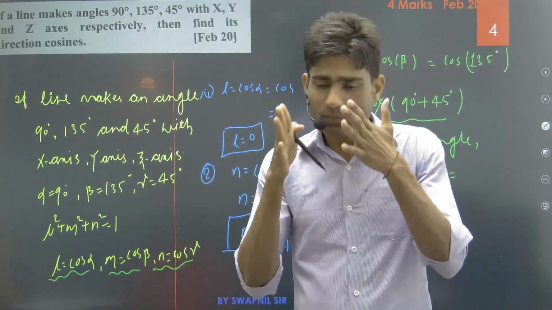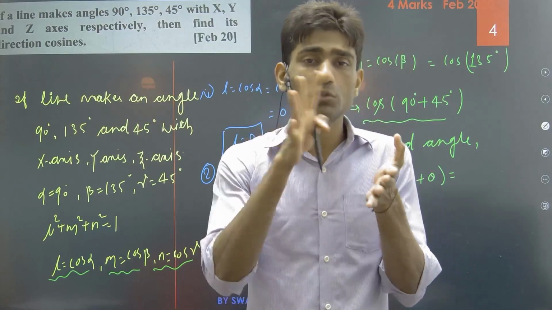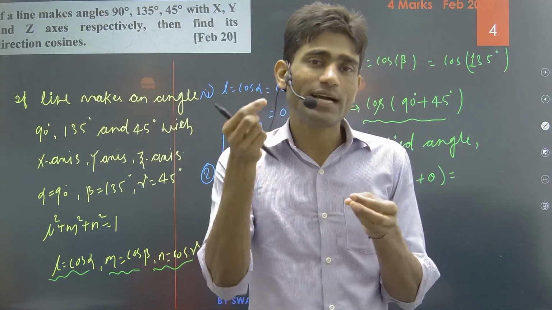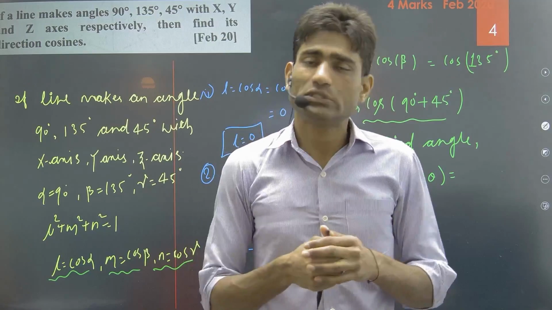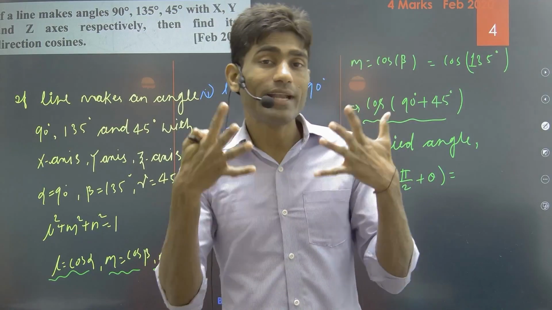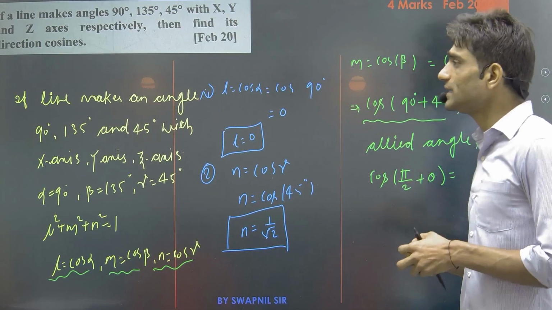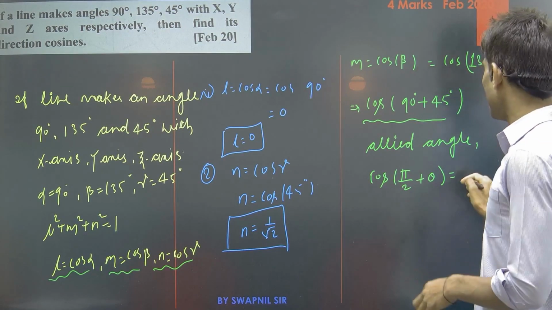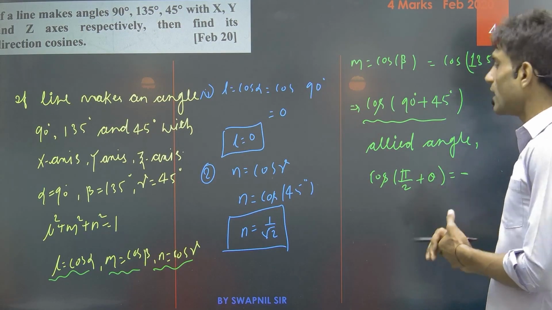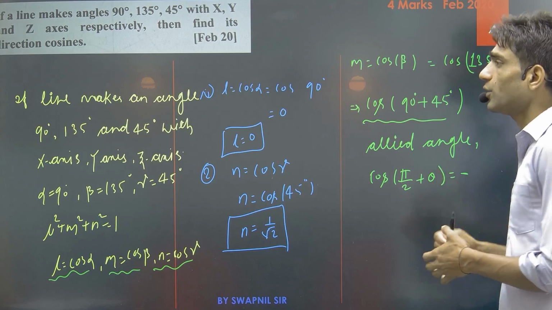Now here in our condition we have cos pi by 2 plus theta. That means pi by 2 plus theta goes to the second quadrant, because we are adding some theta to our 90 degrees. And in the second quadrant cos always gives us a negative value, so write down the negative.